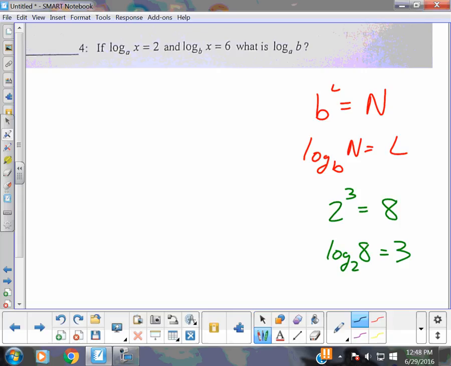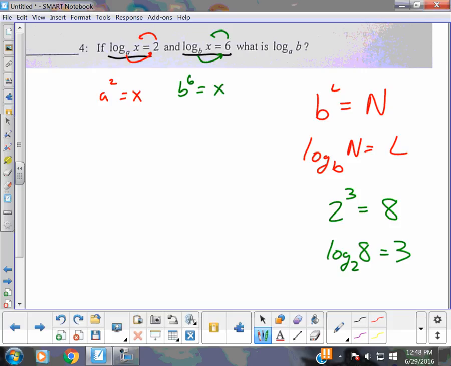So, I have these 2 statements. I personally can't think of those very well in terms of logs. So first thing I'd probably write is what I call the log circle. I know a squared is equal to x, and I know that b to the 6th equals x.